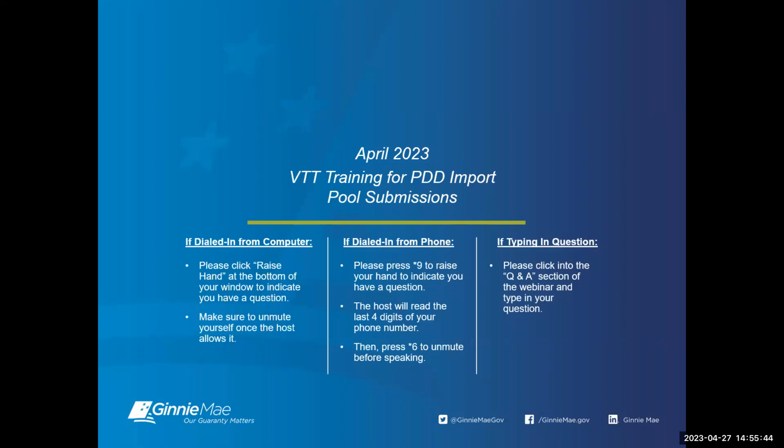But if the general question is, will you be able to perform manual entries in the future in SFPDM? The answer is yes. And you can actually start using SFPDM right now if you're doing manual entry. There's no reason for you to be waiting because the system is available and you don't need a file. So if you do manual entry, you can start using SFPDM today. You should have access if you currently have access to Ginnie.